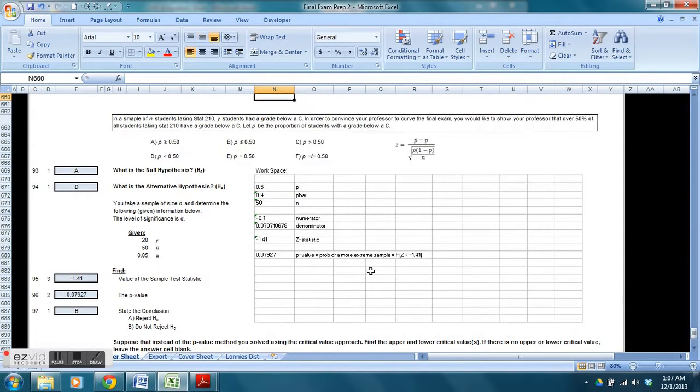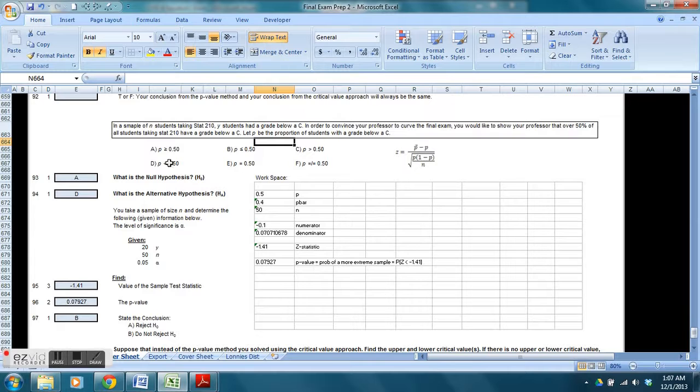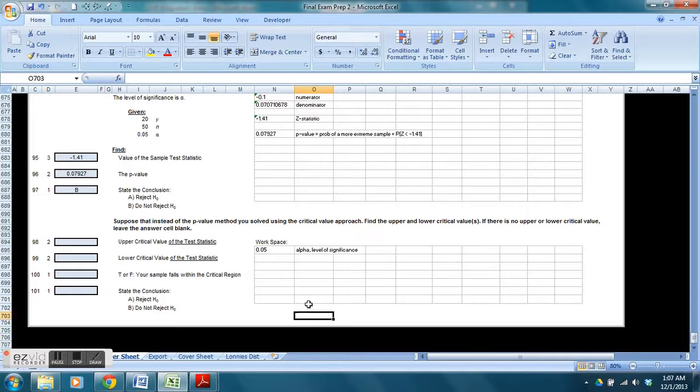And our alternative hypothesis is that p is less than 0.50. So all of our room for error in this case is just in the lower tail.